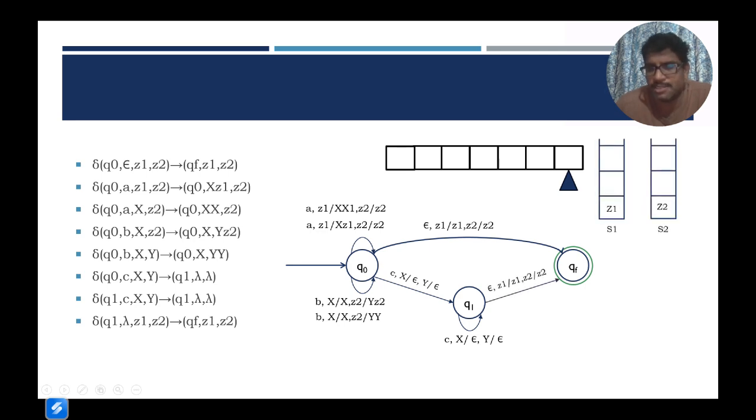The representation is like this, and we draw the transition between q1 and QF by reading the epsilon. Now we can say that both stacks and the input tape are empty, so the two-stack pushdown automata accepts this language.